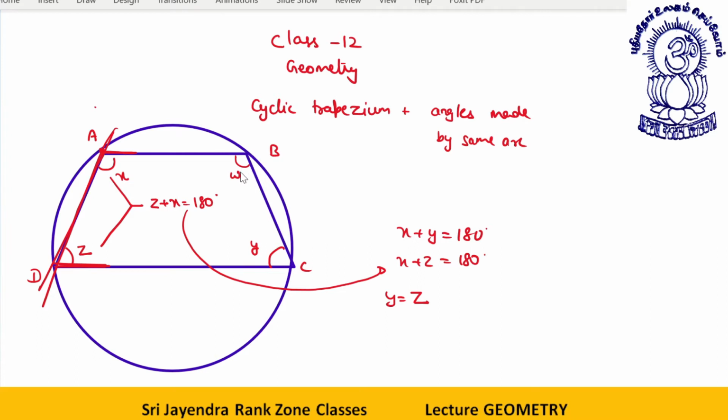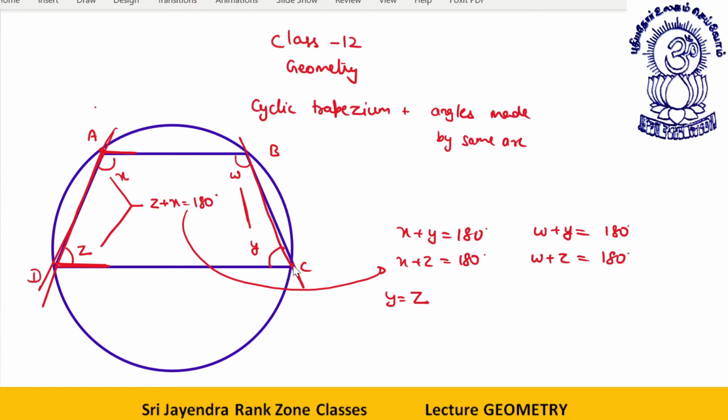How? Let me show it to you. See, dear students. First of all, W plus Y is equal to 180 degrees. Also, W plus Z is equal to 180 degrees. Why? W plus Y is 180. How come?